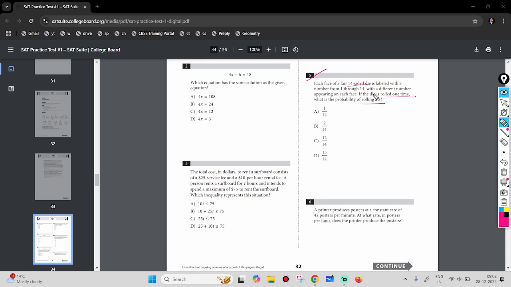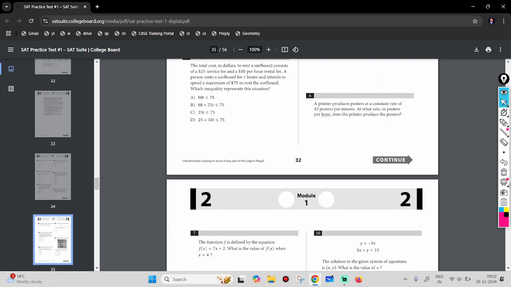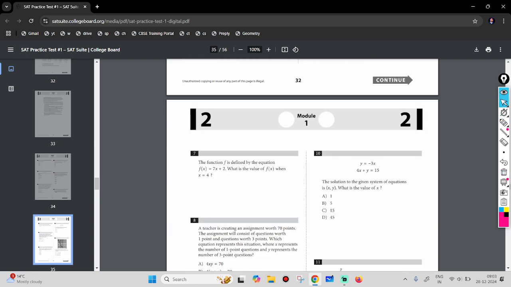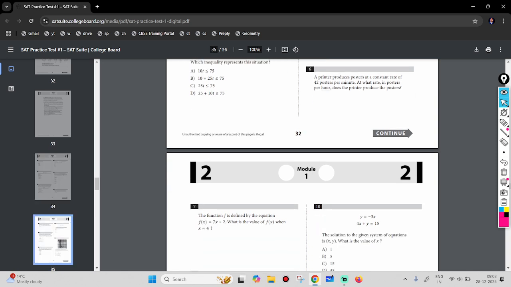We are doing the event once. The total outcomes are 14. We can have 14 possible outcomes, and from them, we want the outcome which has 2. There is one such outcome where we can get 2. So simply 1 over 14 is our answer. Not bad, not bad. Now let's see question number 6 and 7.